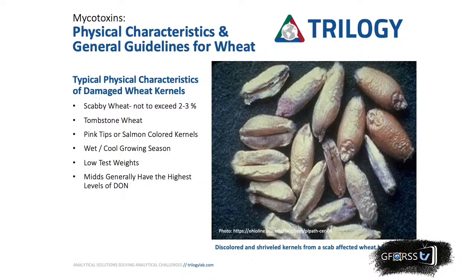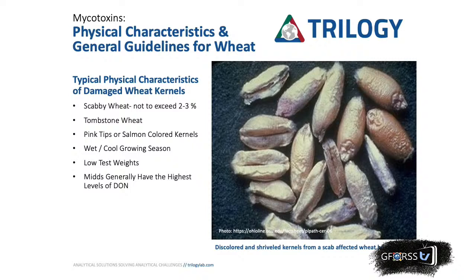Many purchasing points will put out some guidelines in place to limit acceptance of lots of wheat with increased DON potential. For instance, perhaps limiting scabby wheat, which is a term for the tombstone or pink kernels that you see in wheat, that those not exceed 2 to 3% of the total kernels evaluated.